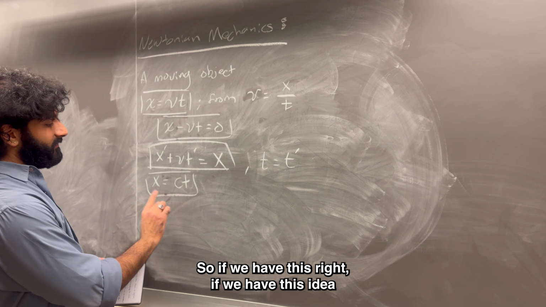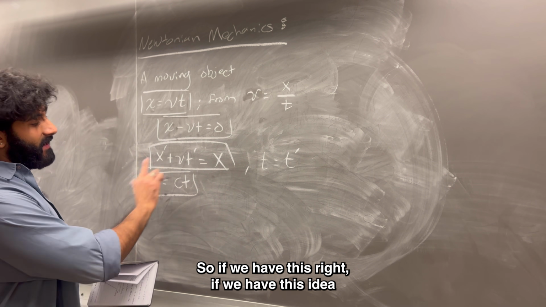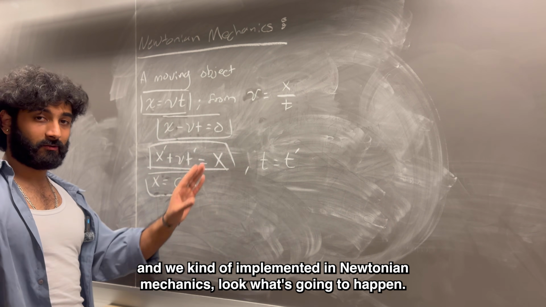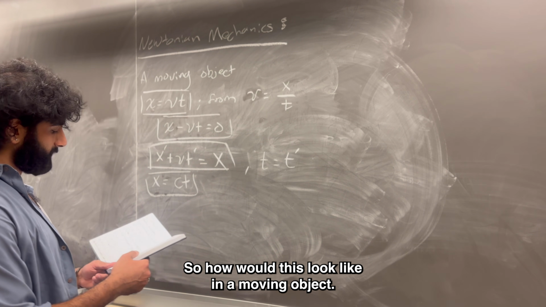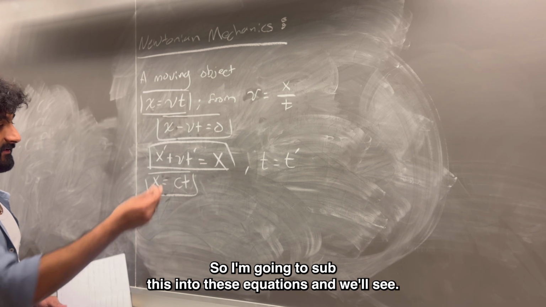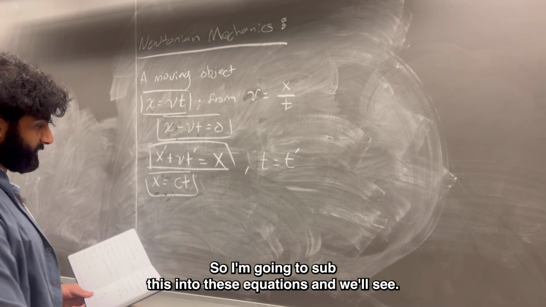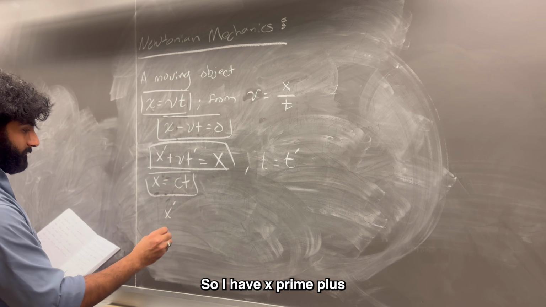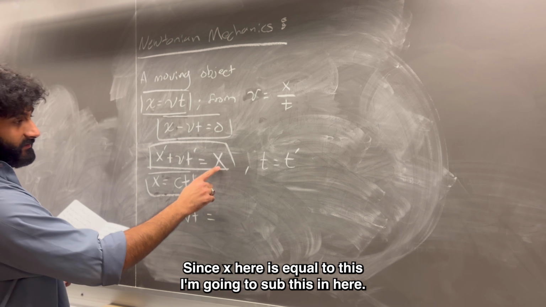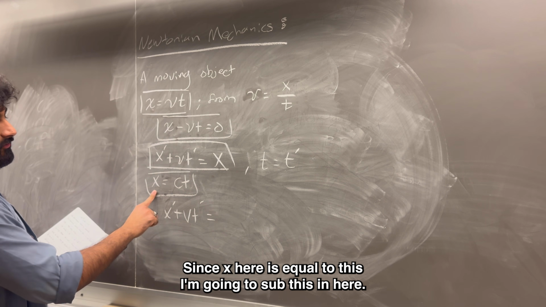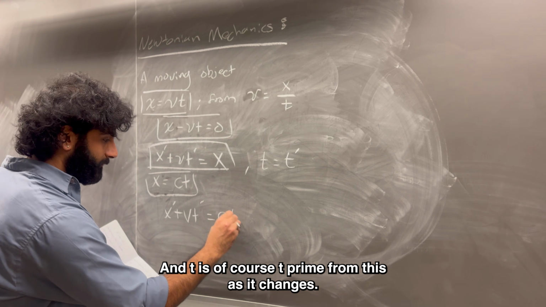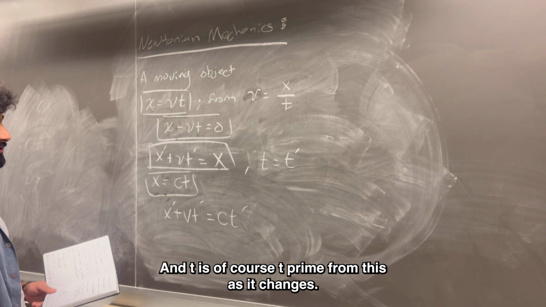So if we have this idea and we implement it in Newtonian mechanics, look what's going to happen. How would this look like in a moving object? I'm going to sub this into these equations and we'll see. So I have x prime plus vt prime equals, since x here is equal to this, I'm going to sub this in here, and t is of course t prime, as it changes.